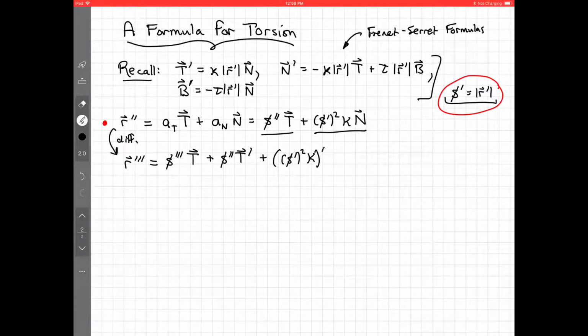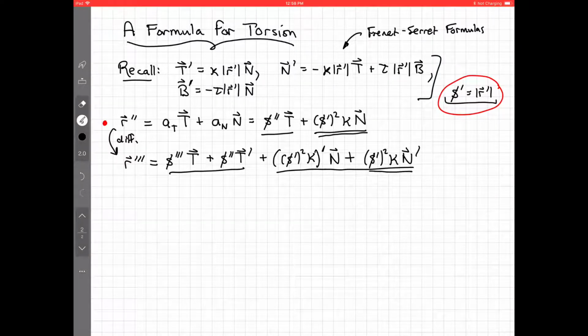We have the derivative of whatever s prime squared times kappa's derivative is, times n, and then we have s prime squared kappa n prime. Okay, so there's the result of our differentiation, the product rule.